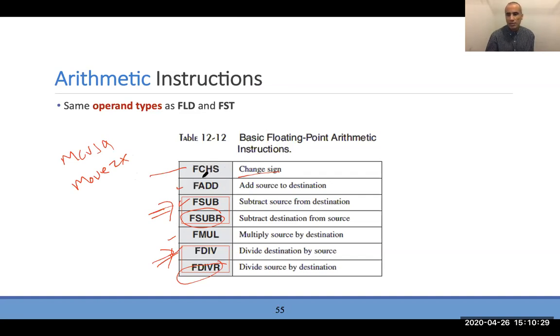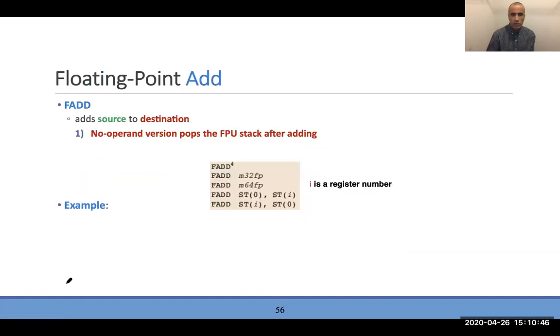So that is going to be very important. The same applies here for real floating point numbers. We're going to use this for converting the number sign from positive to negative or negative to positive. So these are the main instructions.